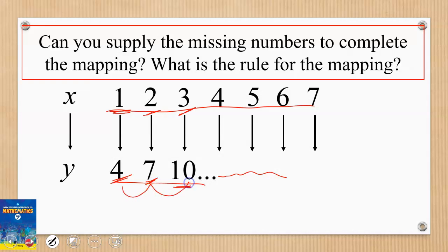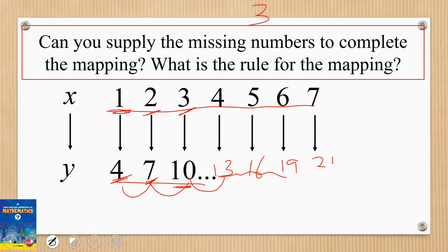From 7 I go to 10. What is the common difference here? You can say the common difference is 3. So if it is 3, that means I can predict the next numbers coming here as 13, 16, 19, and then 22.